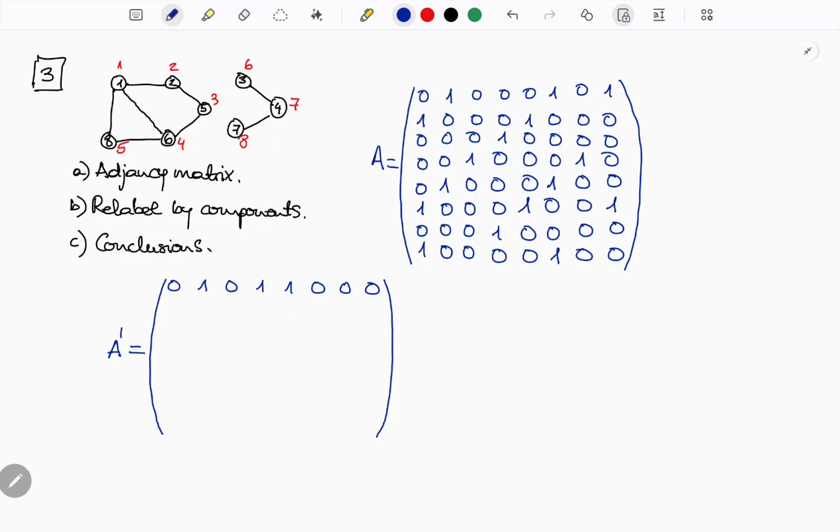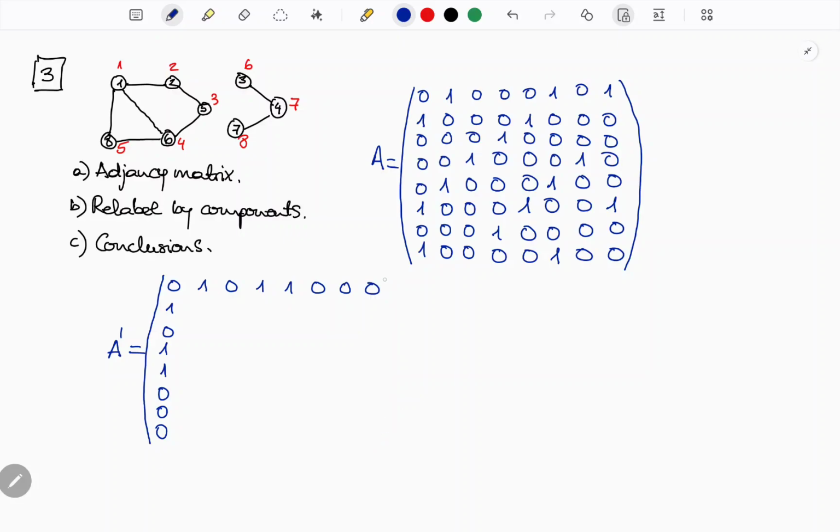Now for the second row, I'm going to write exactly as before. I'm going to write this column: 1, then 0, 0, and 0. That's it, so now I have my bracket there.